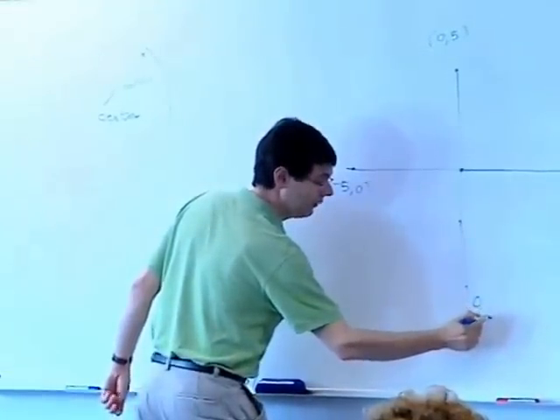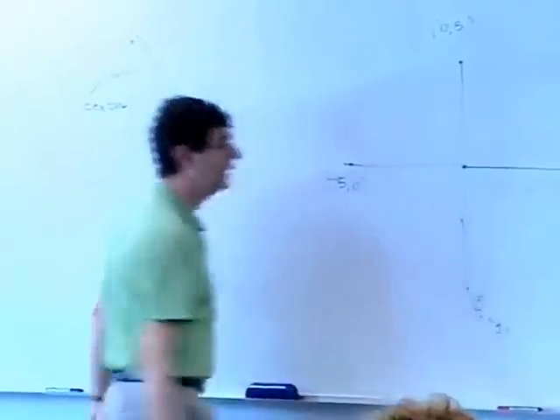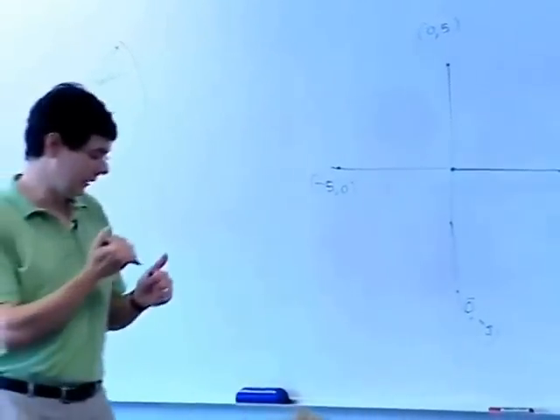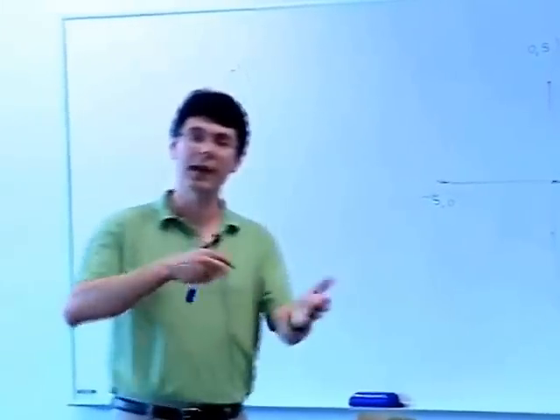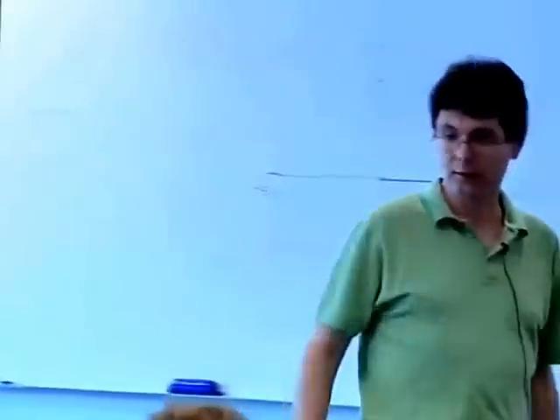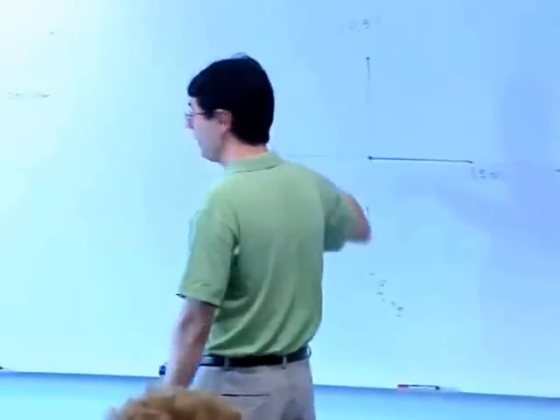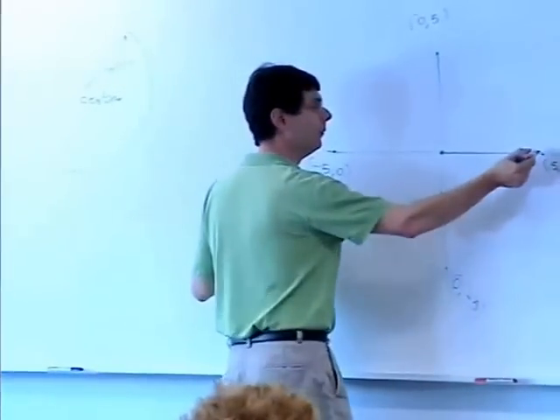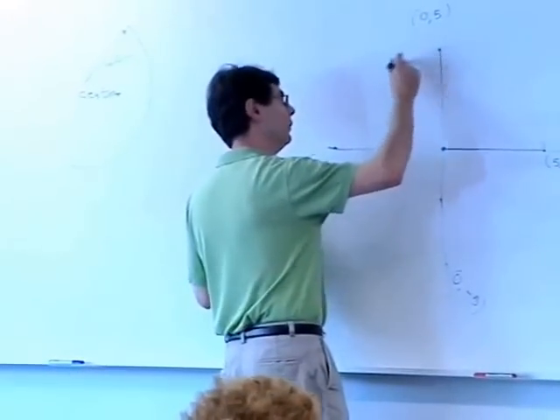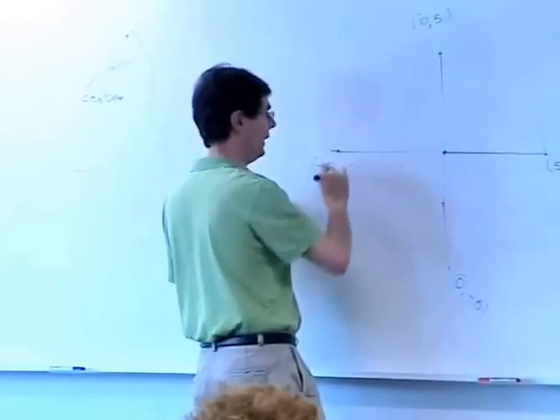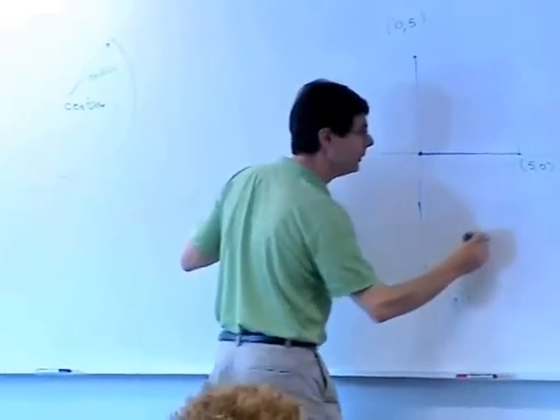Yeah, go. 0, negative 5. These are the 4 easy points, and I apologize for not drawing to scale, but you get the idea. It's the other points that are hard. The other points are the ones that are weird, the ones that should be somewhere there, and this should be a circle, by the way.